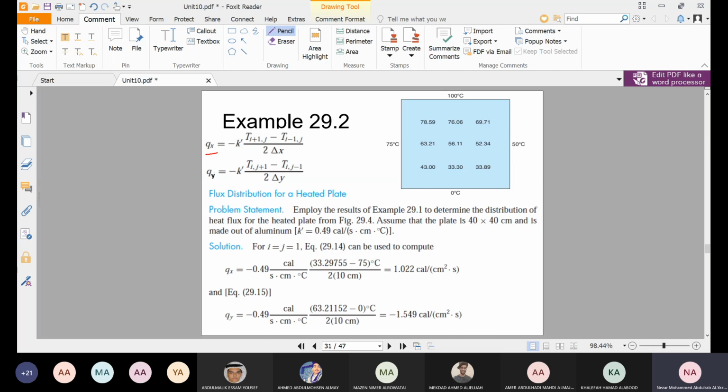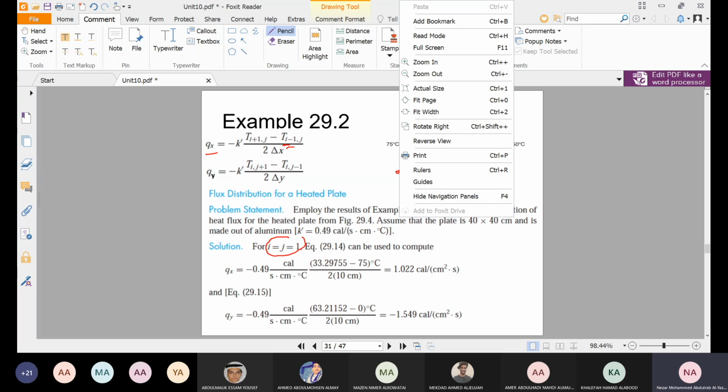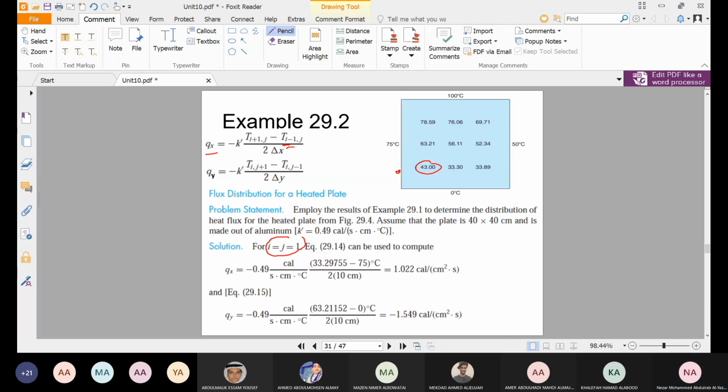Okay. So here, if we talk about node 1, 1, this is the node 1, 1. By using the data we computed in the previous example, you can see this is T i-1, j. The point before, at the boundary, is 75.